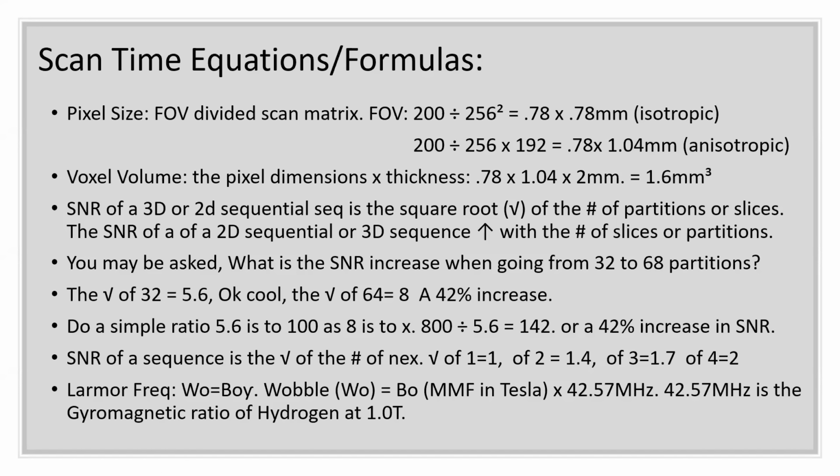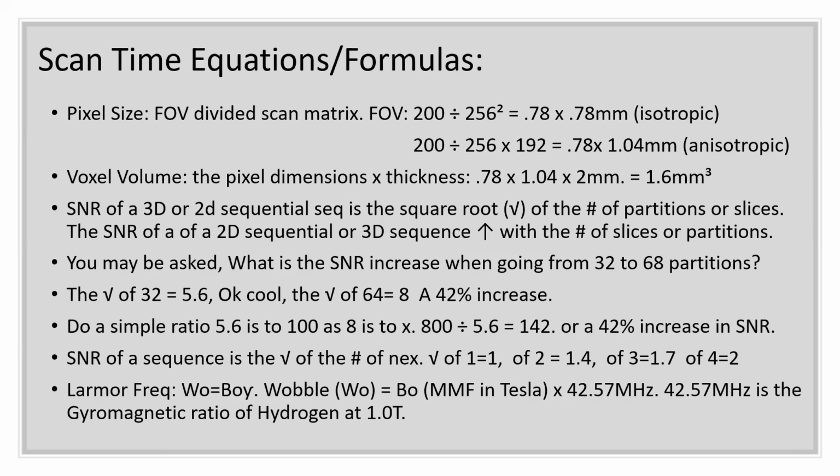Okay. All right. So let's real quickly go over those scan time formulas that I just went over. Pixel size is your field of view divided by your matrix. Your voxel size is your pixel dimensions times your thickness. Okay, so 0.7 times 1.4 times 2, for example, it's a 1.6 cubic millimeter.